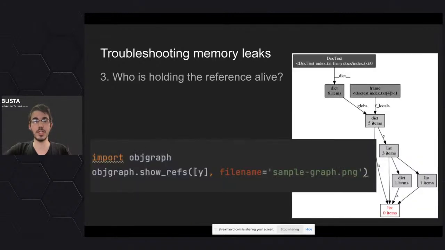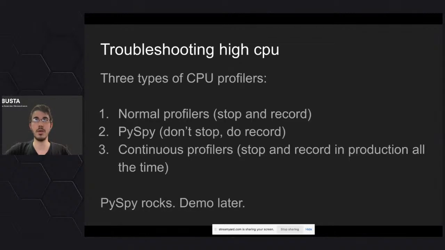Okay, so this was memory leaks, and we spoke about that. And I'd like to move on now to high CPU. There are really 3 different types of CPU profilers in general. Before I talk about the different types, the basics of a CPU profiler is to really stop your code, look at what your code is doing, and then write it down in a notebook on the side.